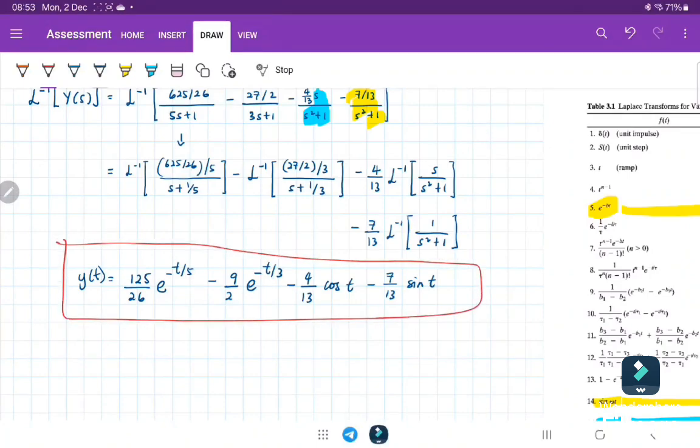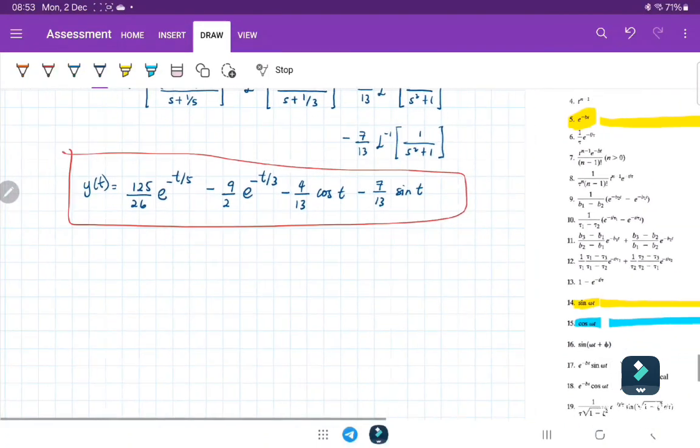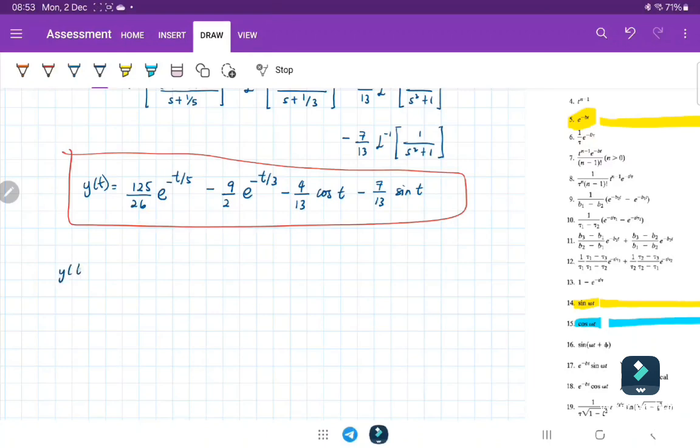Next we need to determine what happens to y of t as t approaches infinity.